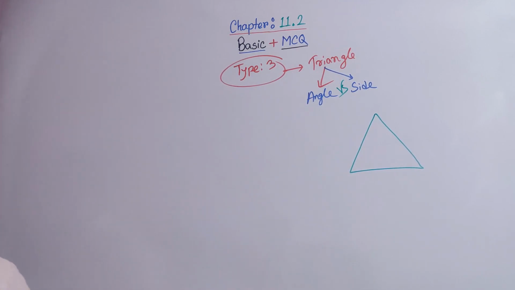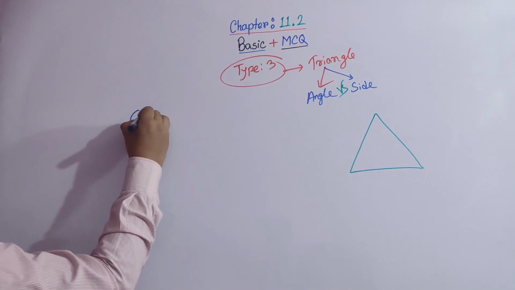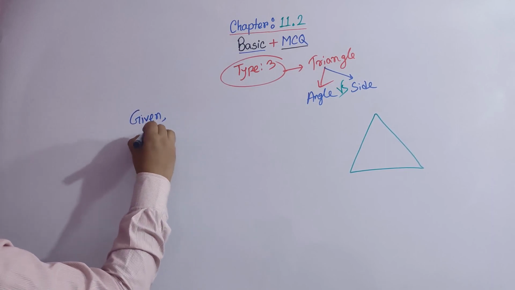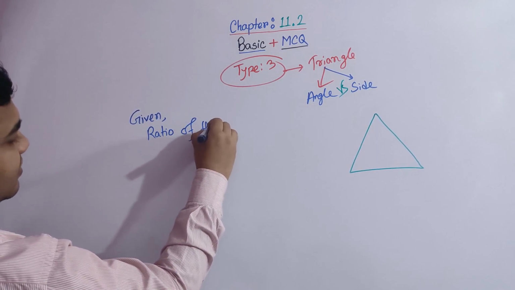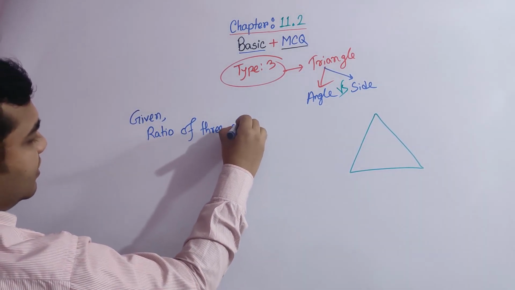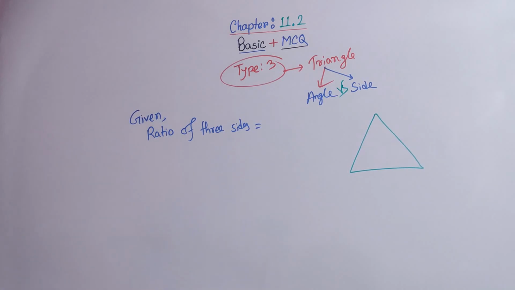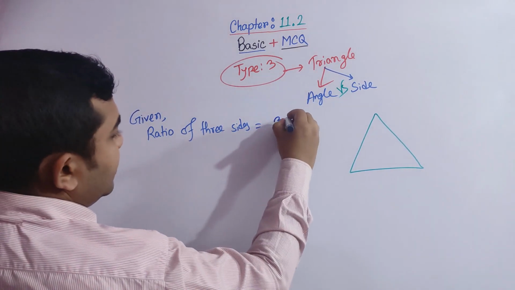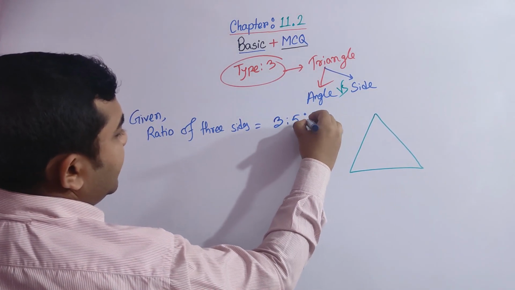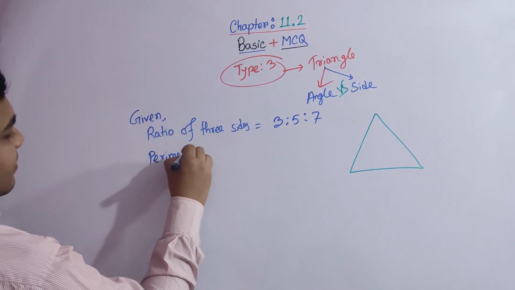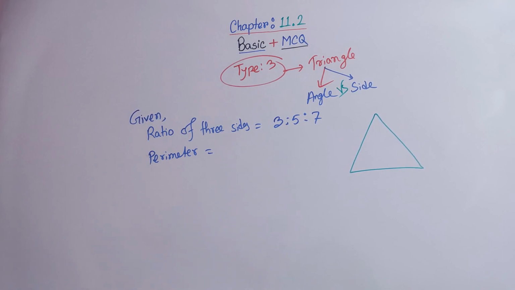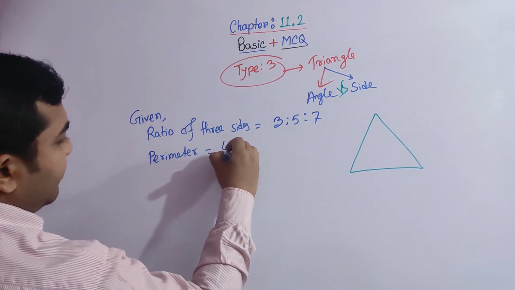Here the ratio of the three sides is given, 3:5:7. And another thing is given, that is the perimeter. The perimeter is equal to 45.